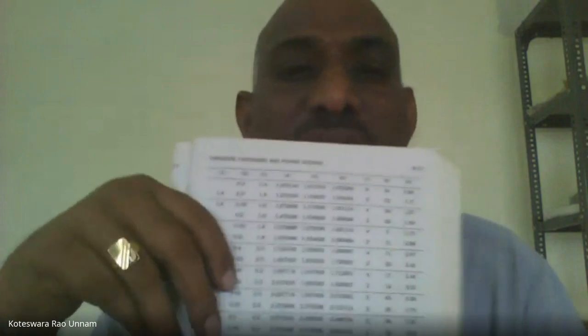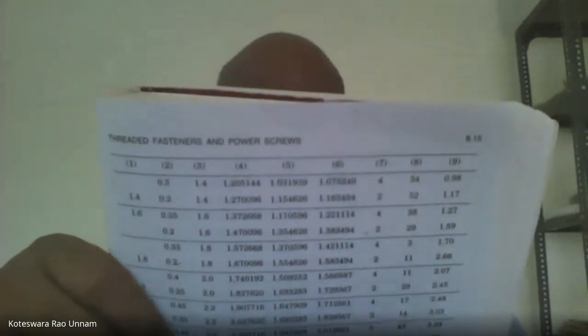Similarly, the diameter goes on increasing from 1 to 1.1, 1.2, and then you can flip the tables. It goes on increasing those values. Like that, you may have many pages.